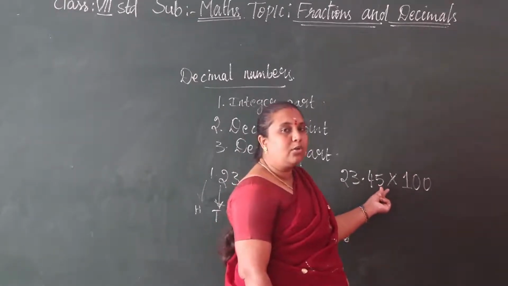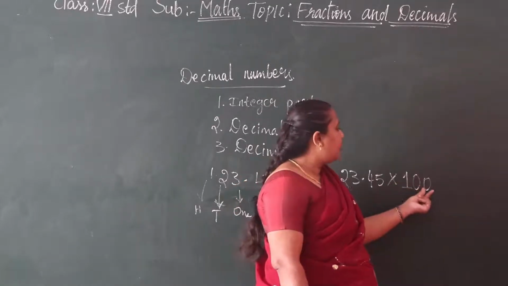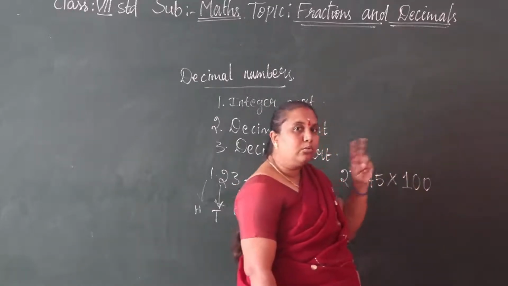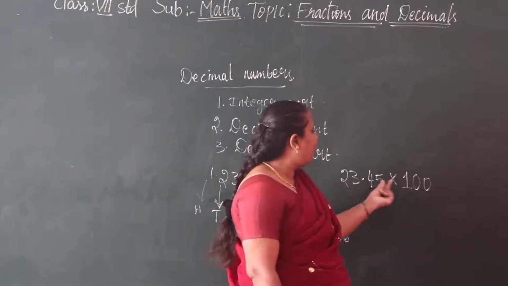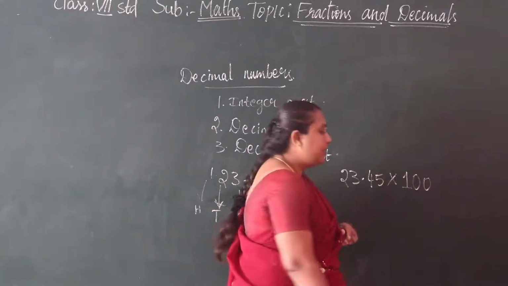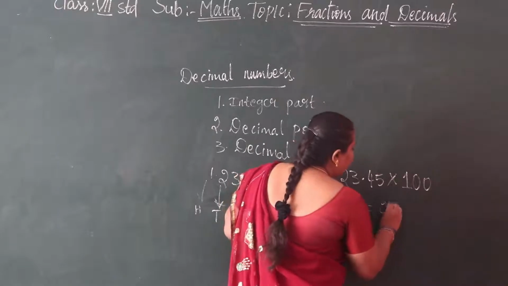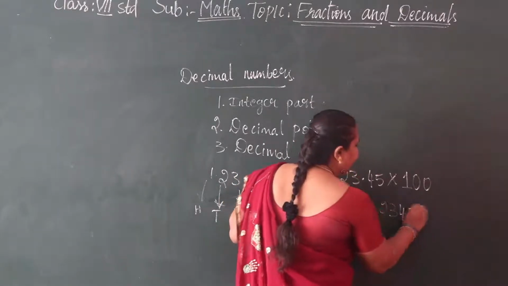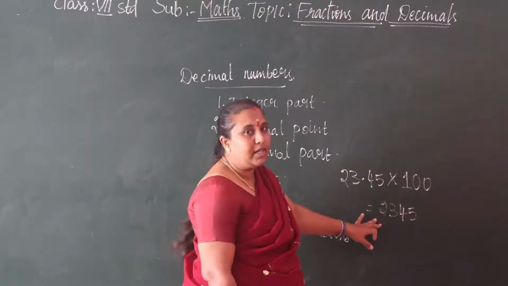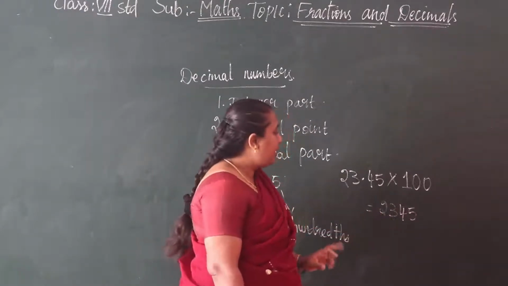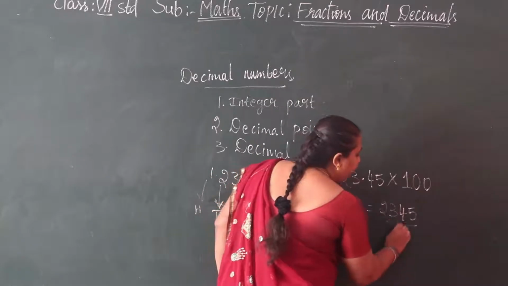So we multiply by 1 followed by 2 zeros, that is 100. So 23.45 multiplied by 100 gives 2345.